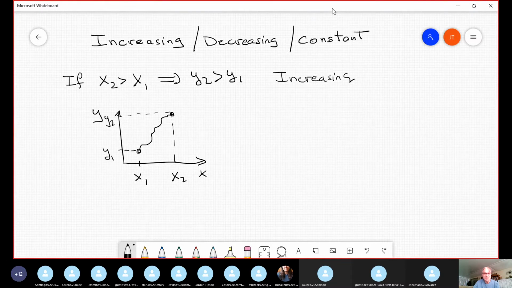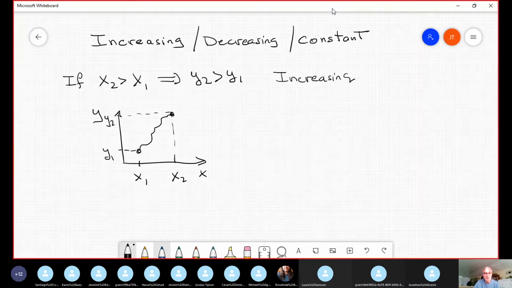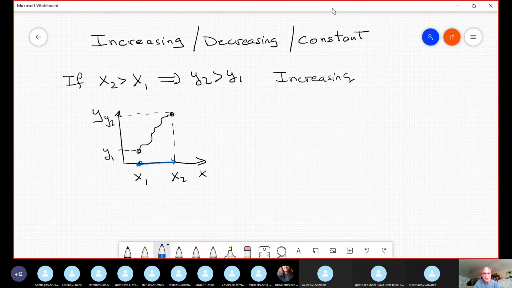So basically, to analyze increasing, decreasing, or constant, you always walk from left to right in the x direction. If the y goes up, it's obvious it's increasing.